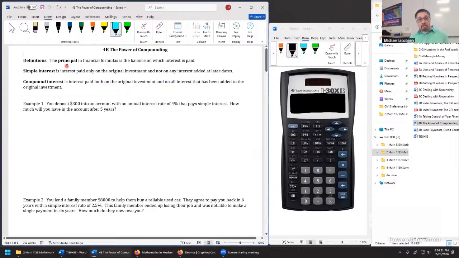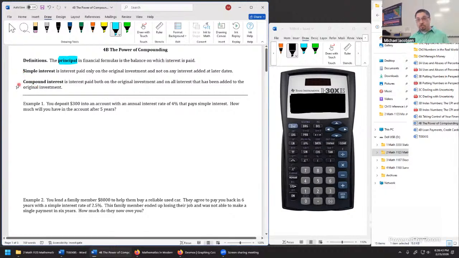First thing that we are interested in is the principal amount. This is thought of as a starting amount or a present value of an account on which interest is going to be paid, whether it's money that you're investing or money that maybe you borrowed from someone and you're going to have to pay back.